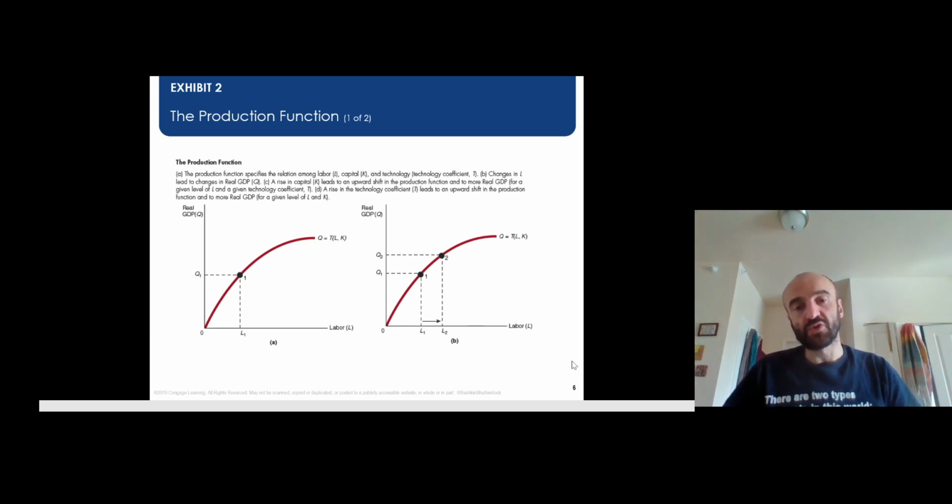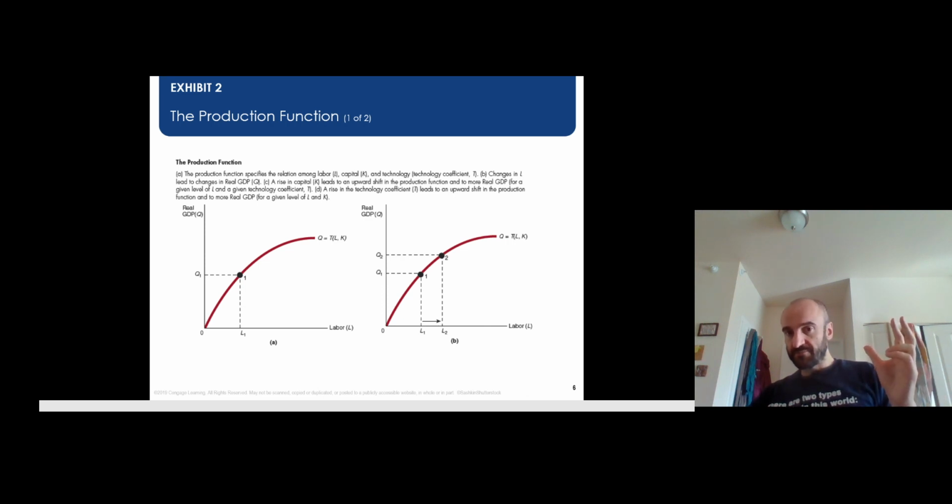Okay, usually how this is done. You see the basic standard coordinate system. Labor is on the horizontal axis, real GDP is on the vertical axis. So this analysis is done in the following fashion. Labor, capital, and technology are three different factors of production.